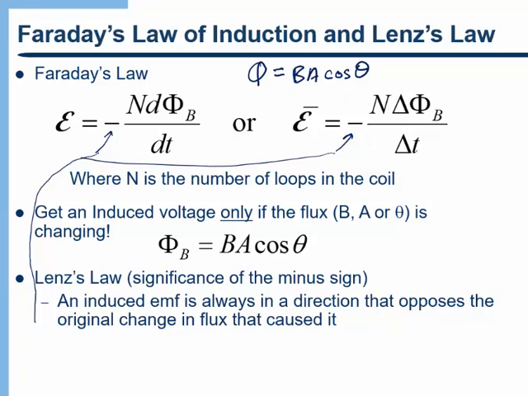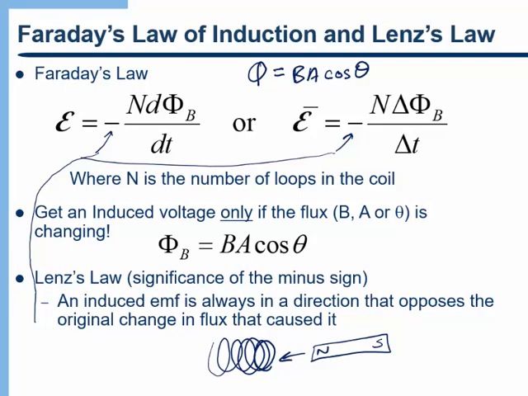An induced EMF is always in a direction that opposes the original change in flux that caused it. That's really important because think about this idea. I've got a coil and I take a magnet and I push it towards the coil.